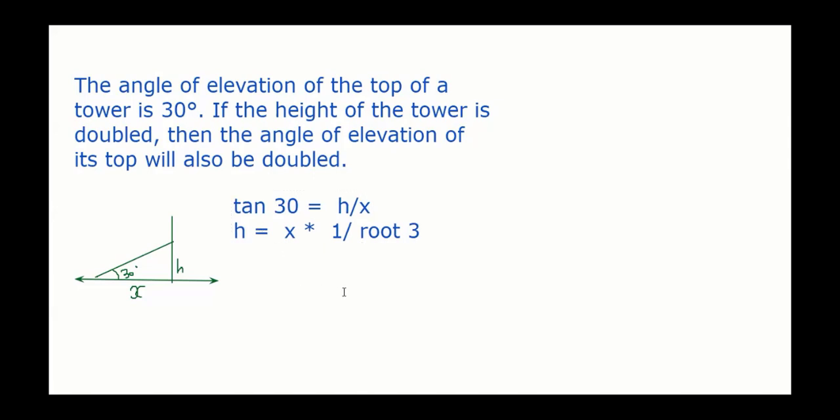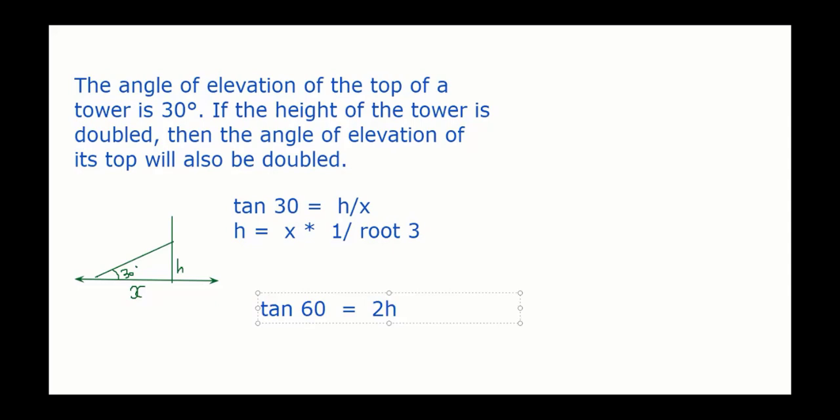Height is this. Now you are saying when the height of the tower is doubled, the height becomes 2h. Will the angle become 60 degree? Let's try. Tan 60 equal to 2h by x.